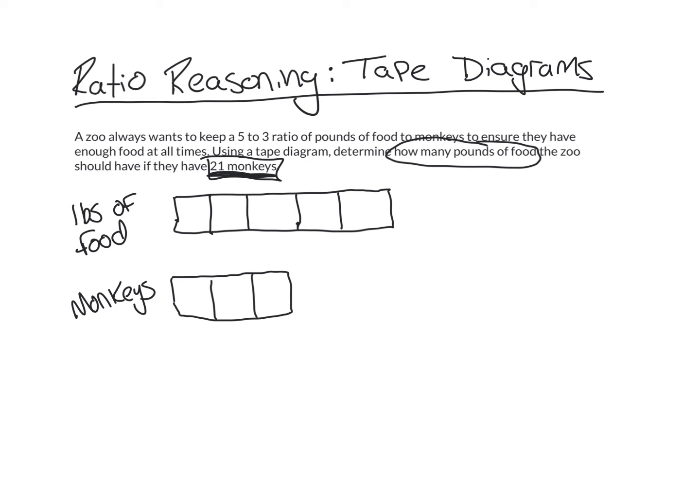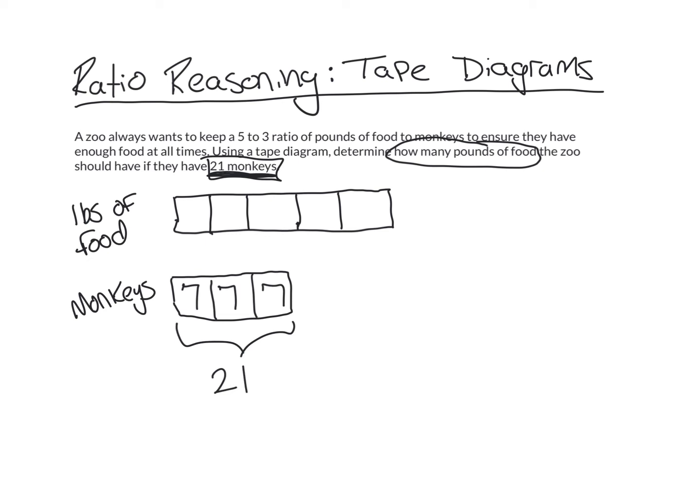So we know that there's 21 monkeys, and since each of these boxes here is representing our monkeys, we need to take this 21 and divide it evenly into those boxes. So all of these boxes together are going to equal 21. And since there's 3 boxes to divide 21 evenly, I'm going to put 7 into each of those boxes.